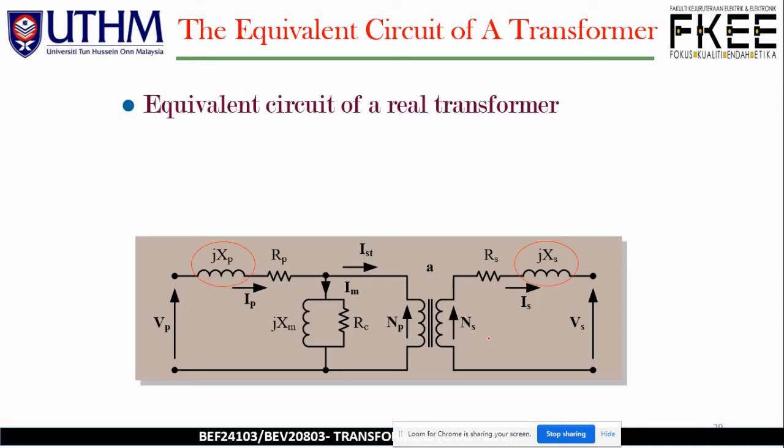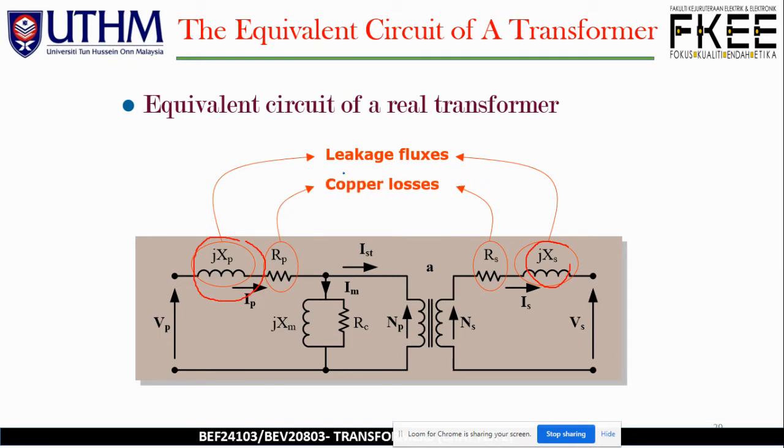So, the equivalent circuit of a real transformer. First we have the leakage flux. This is how we represent it in the equivalent circuit: we have jXP, and we have jXS as well. The second part is the copper losses here, represented by RP and RS.